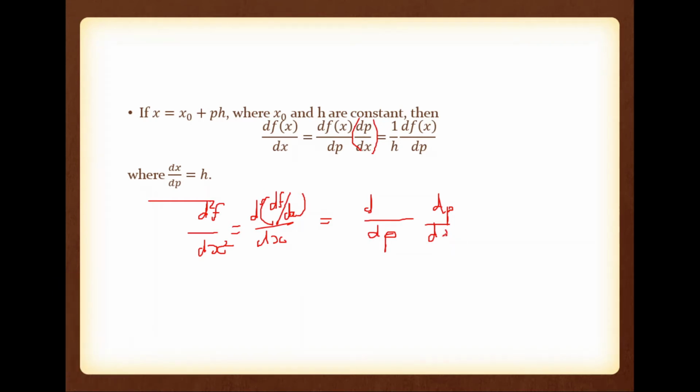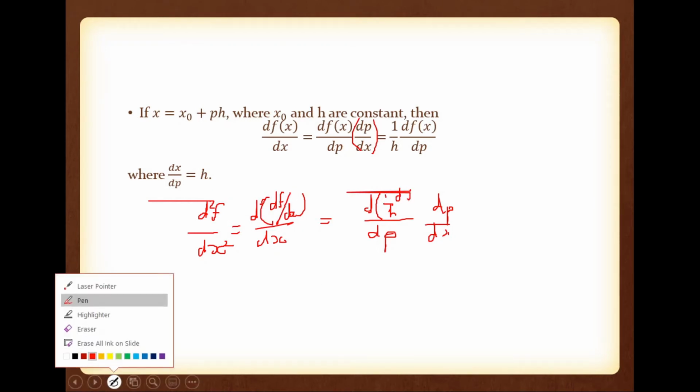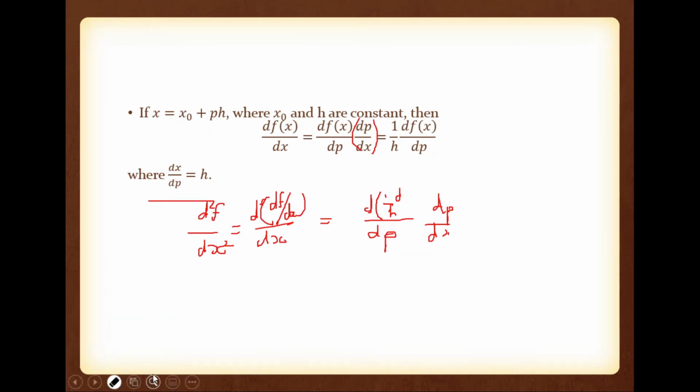Now what about that inner bracket? This df by dx, that is already written here, is nothing but 1 by h into df by dp. Now what is dp by dx?